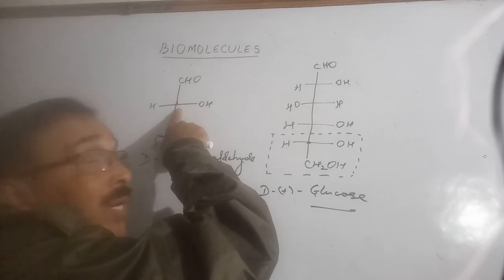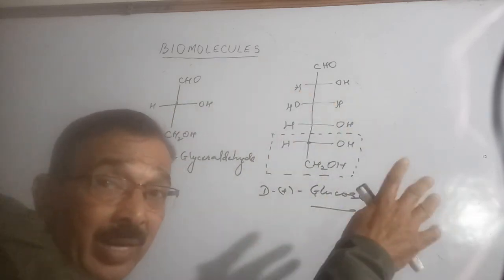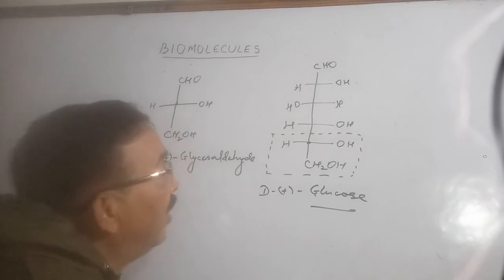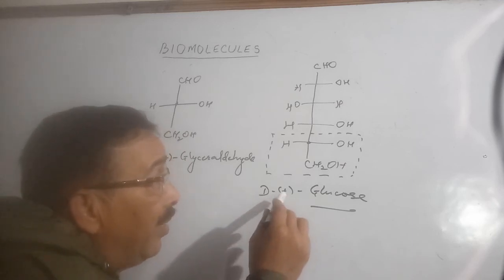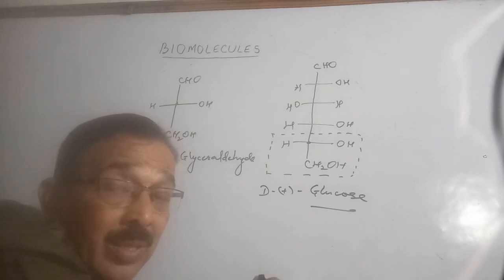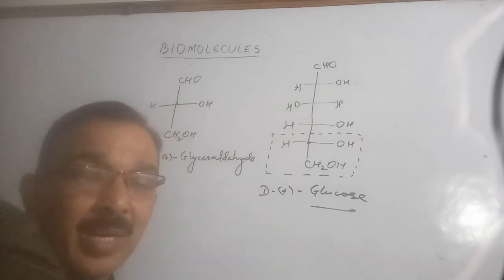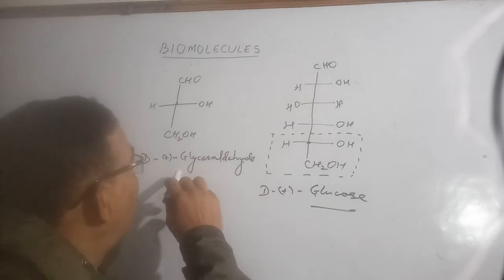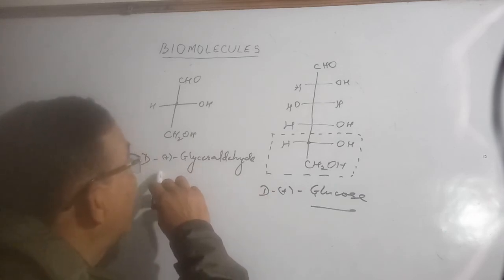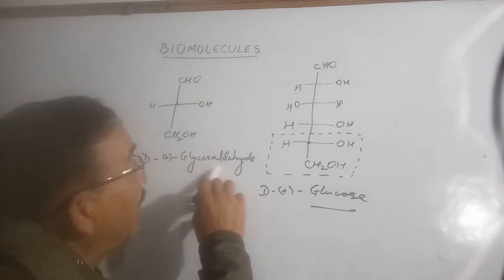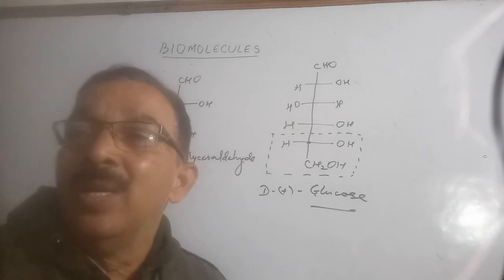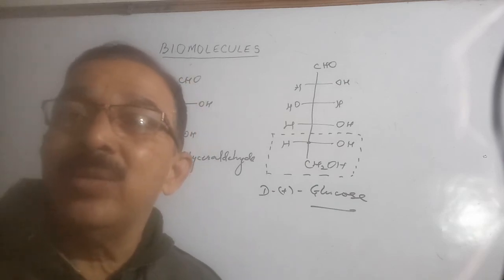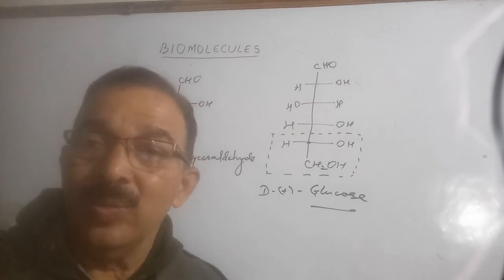That's why this structure of glucose has the name D plus glucose, where D is the configuration correlated to D plus glyceraldehyde, and plus represents the dextrorotatory nature of the molecule.